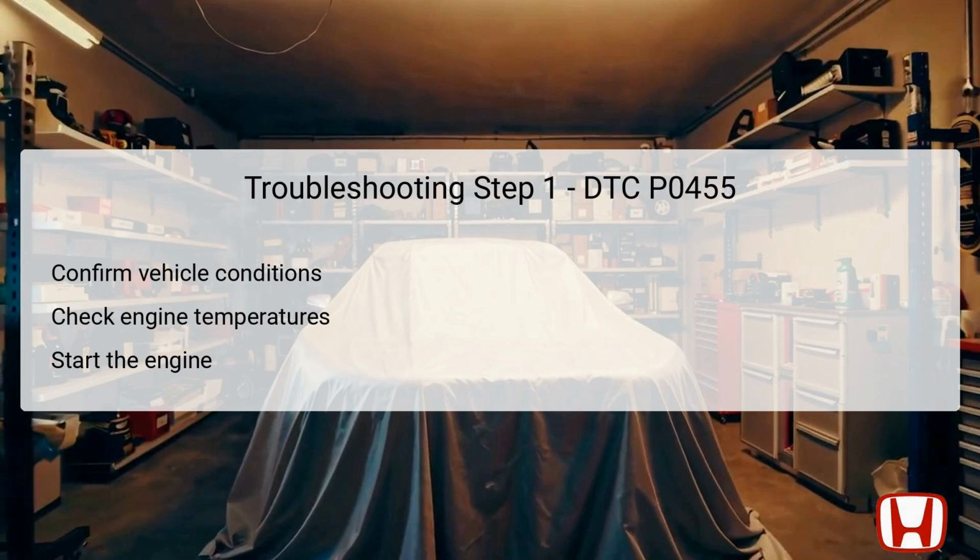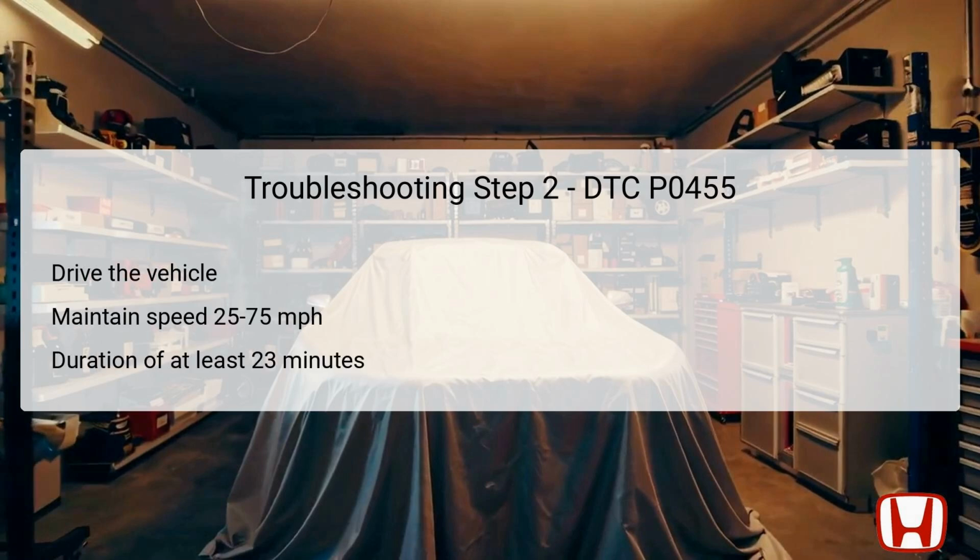After this check, start the engine to begin the troubleshooting process. This step sets the foundation for proceeding to the next diagnostic phase, where the functionality of the EVAP system can be more closely observed while the vehicle is under operating conditions. Maintaining these optimum conditions throughout the diagnostic steps is vital for accurate results.